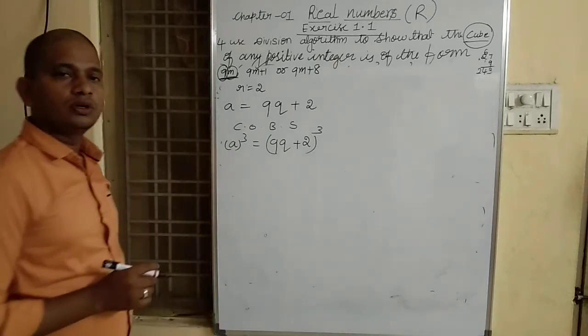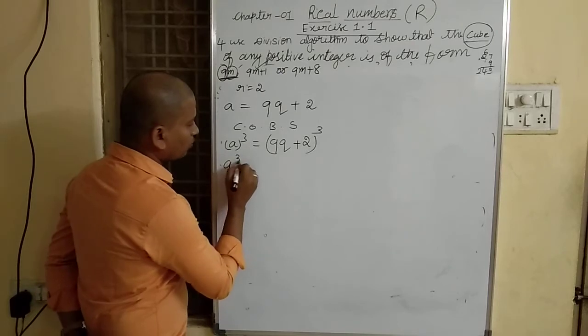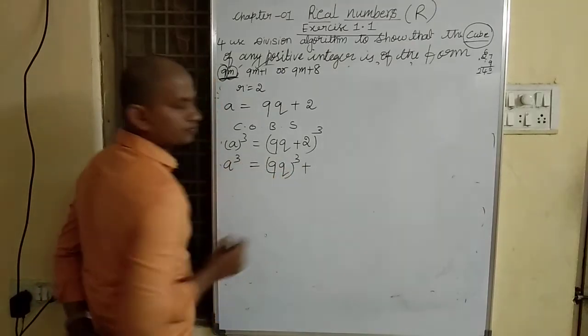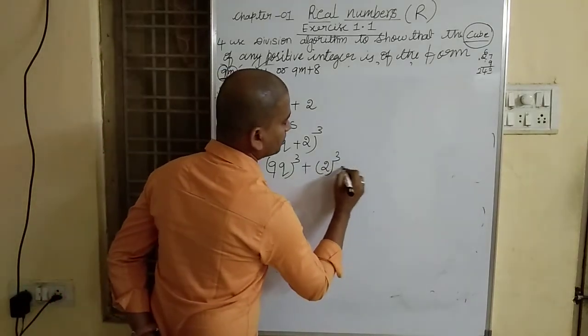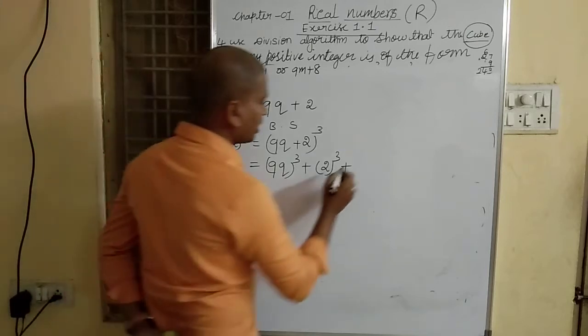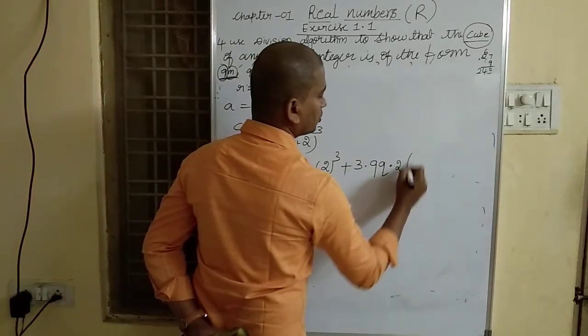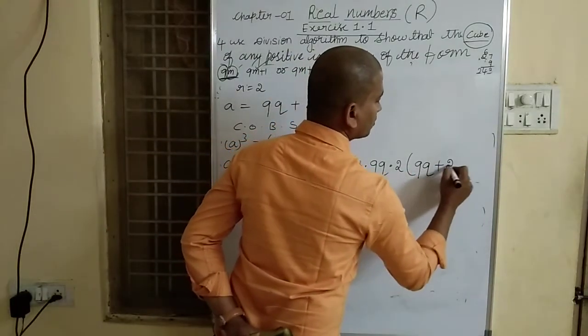So using the a plus b whole cube formula, a cube equal to 9q whole cube plus b cube, 2 cube, plus 3ab into a plus b, that is 3 into 9q into 2 into 9q plus 2.